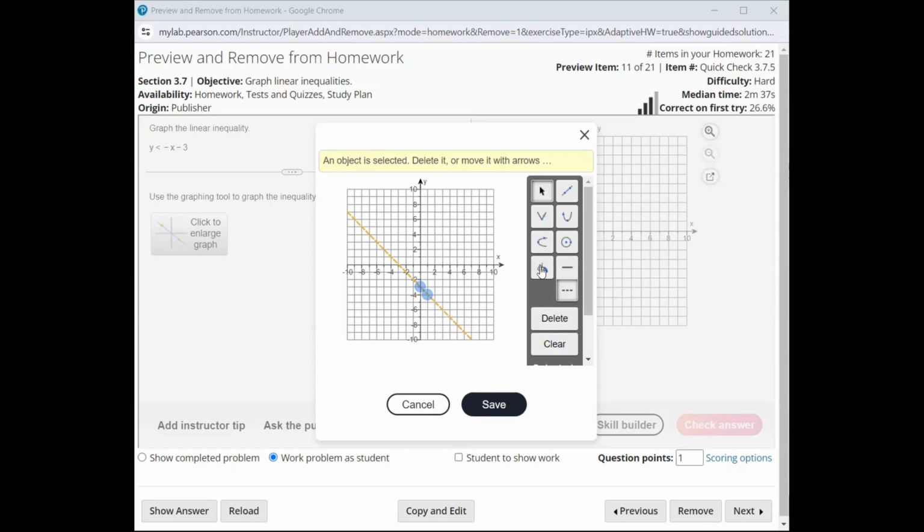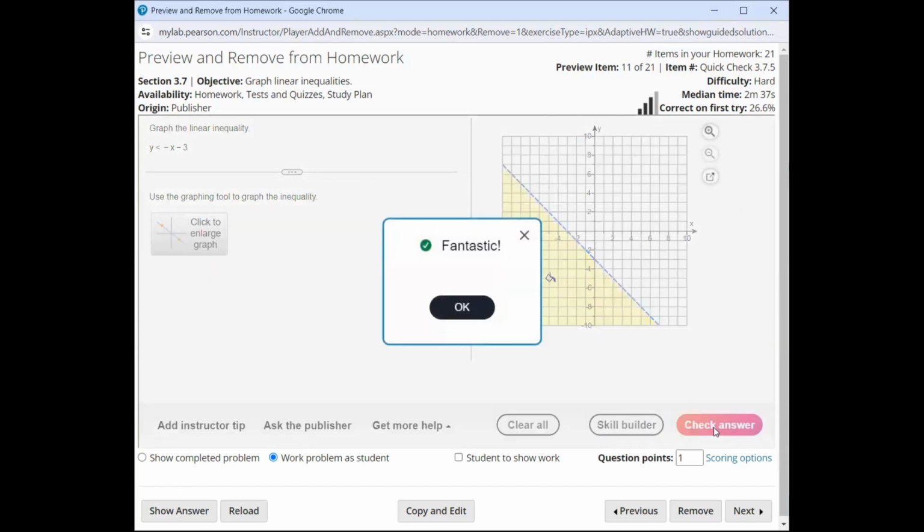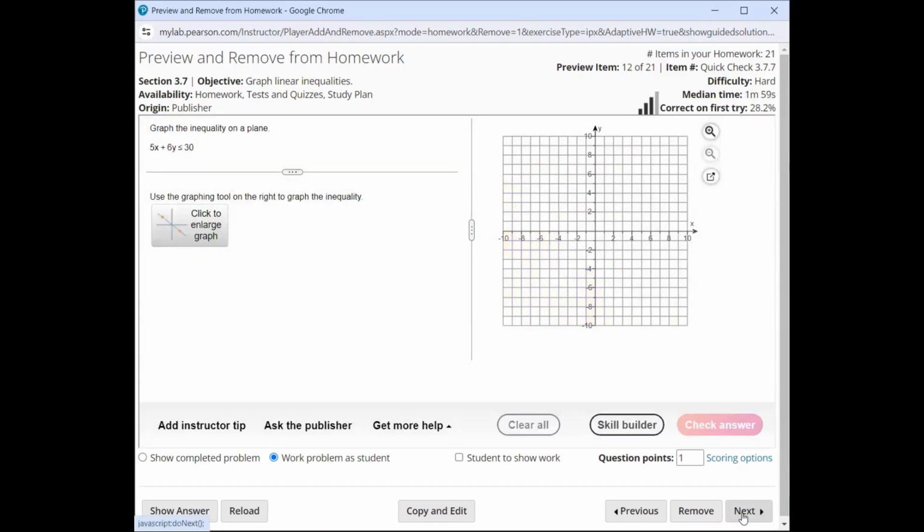Now I go to this region shading tool. I click it and select anywhere on the left half plane. And I save it, check answer. Great. Now the next question.